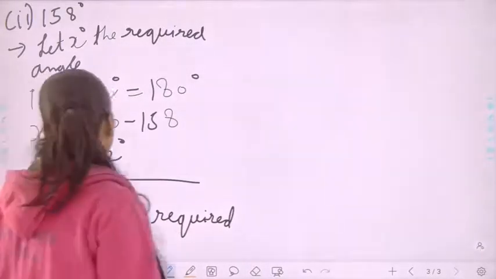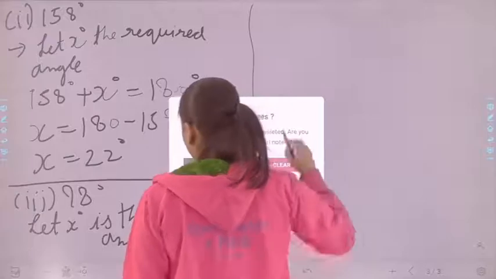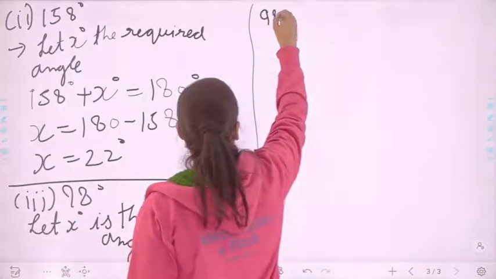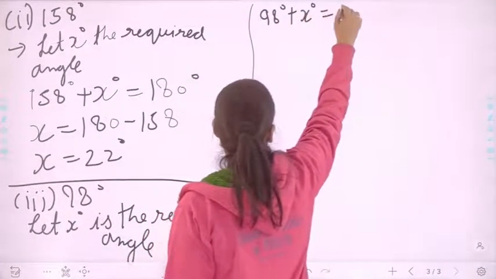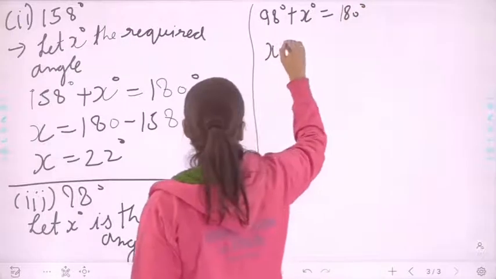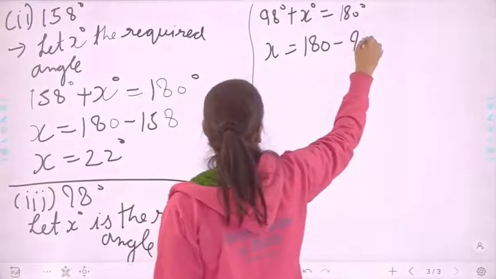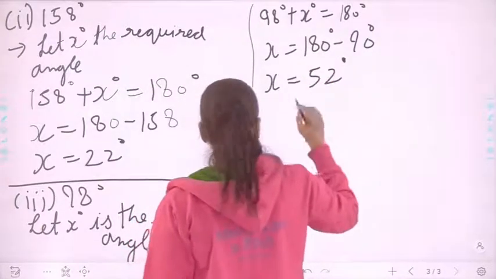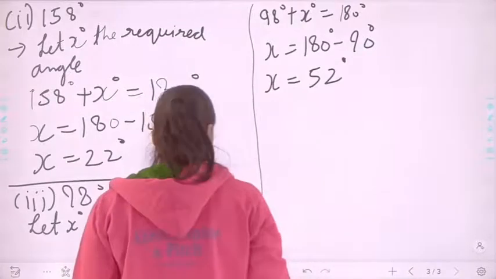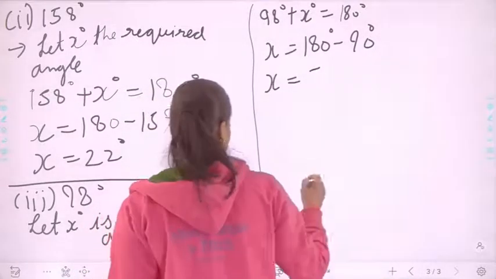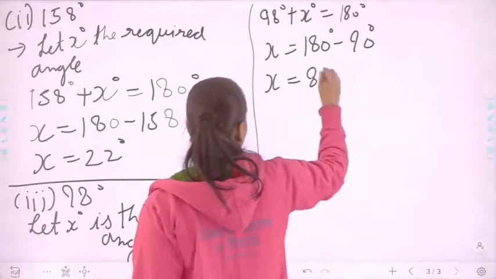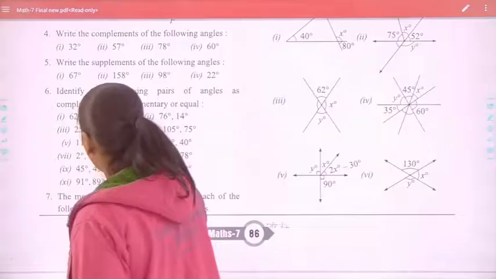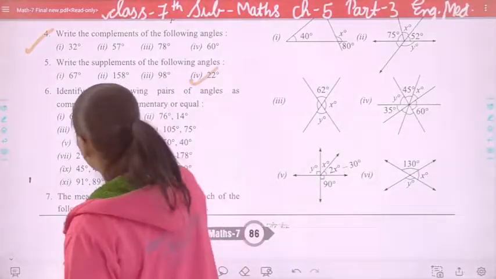Now 98 degree plus x degree equals to 180 degree. X equals to 180 degree minus 98 degree. Sorry, it will be 82 degree. And the last part, that is fourth part, which one is 22 degree.